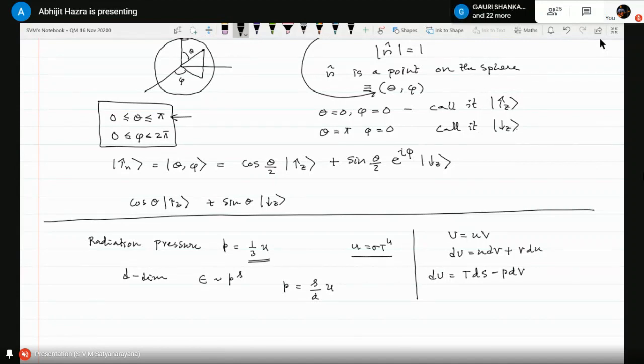From these relations we get T dS equal to dU plus P dV. Now writing P as s by d times U, we get the combination U times 1 plus s by d.